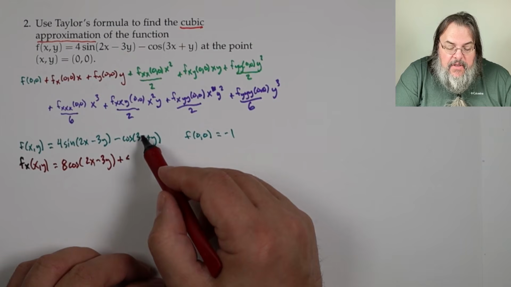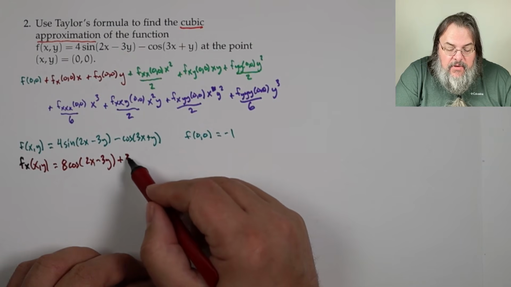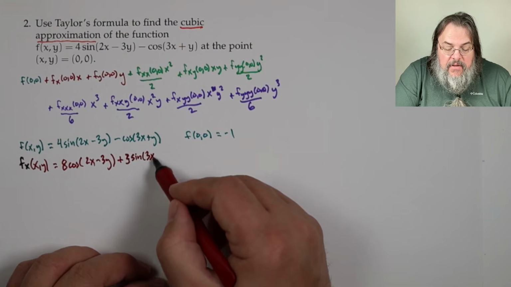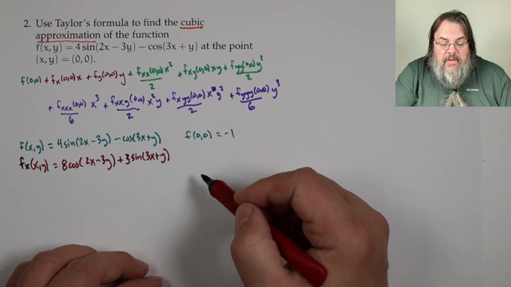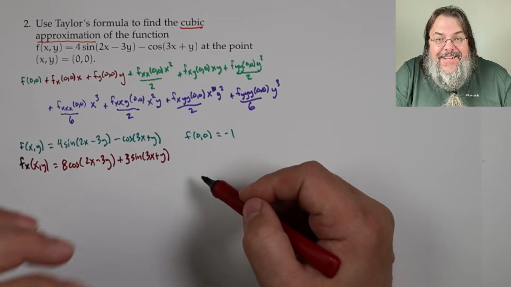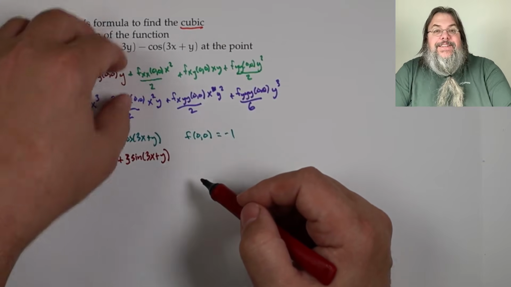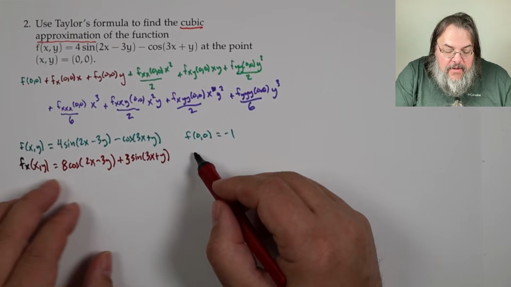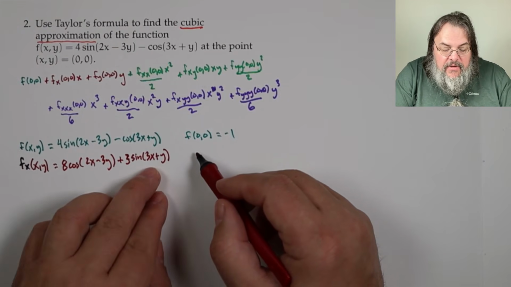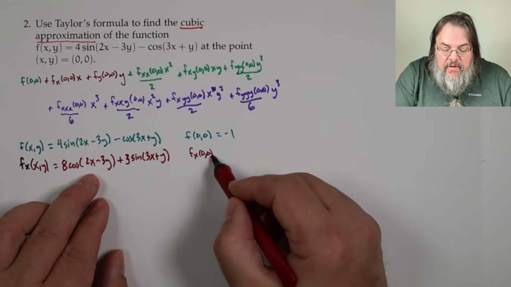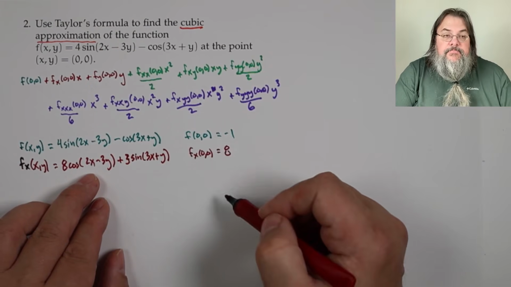And then when we take the derivative of the x, there will be a 3. So plus 3 sine 3x plus y. So chain rule. So not the hardest derivatives. It's not the difficulty of the derivatives, it's the number. All right, so what do we get? Plug in 0. Sine of 0 is 0. Cosine of 0 is 1. So f_x at 0, 0 is 8.